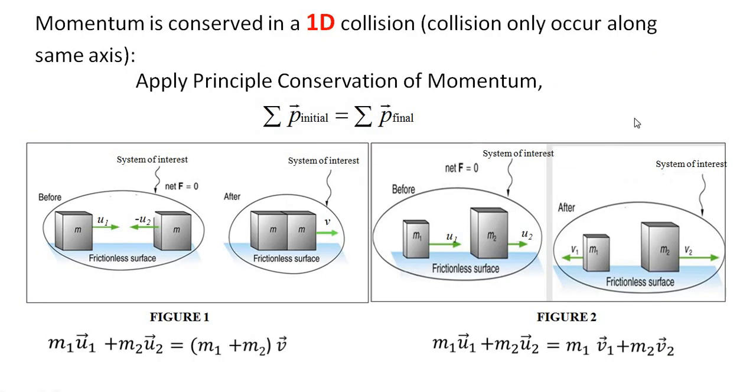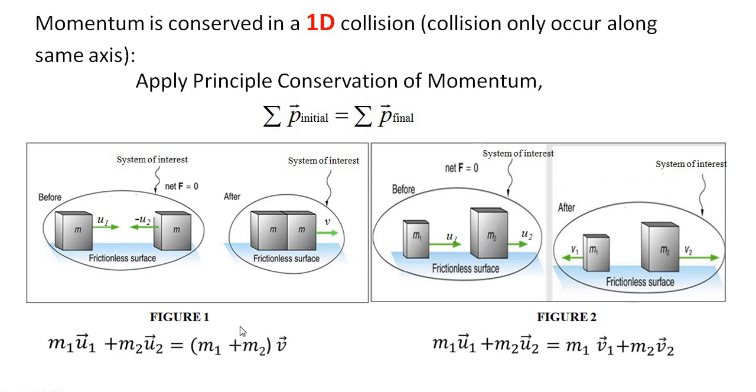Firstly, we look at collision in one dimension, where the collision only occurs along the same axis. Since the momentum is conserved, we can apply the principle of conservation of momentum. This slide shows two examples of collision. In example 1, we have two objects moving in opposite directions and then a collision occurs. After the collision, both objects move at the same velocity.